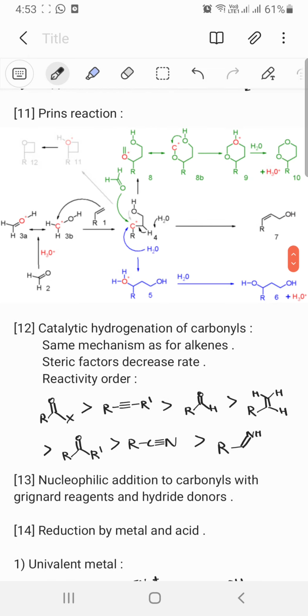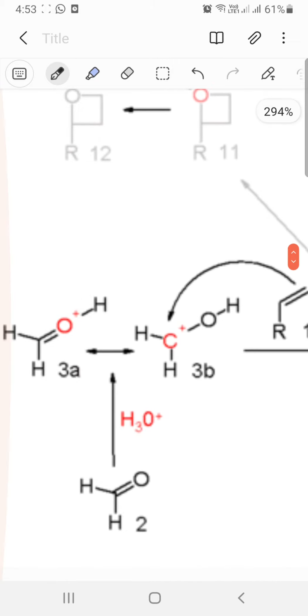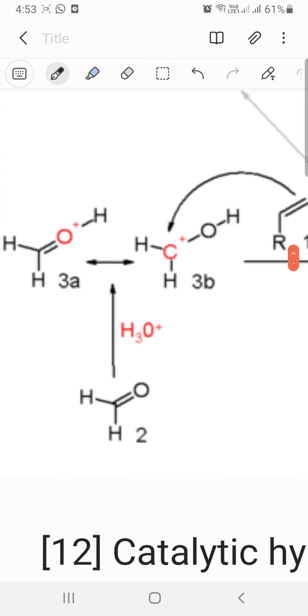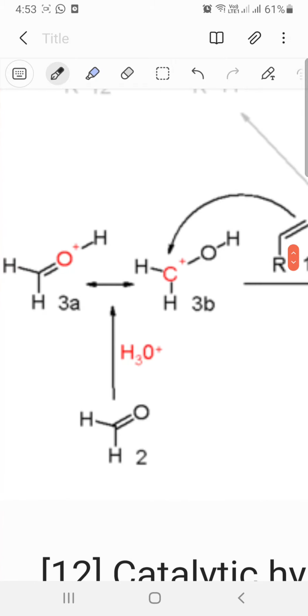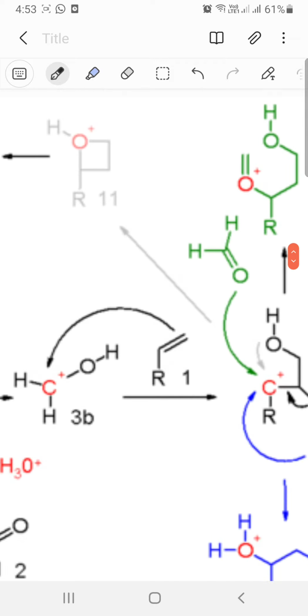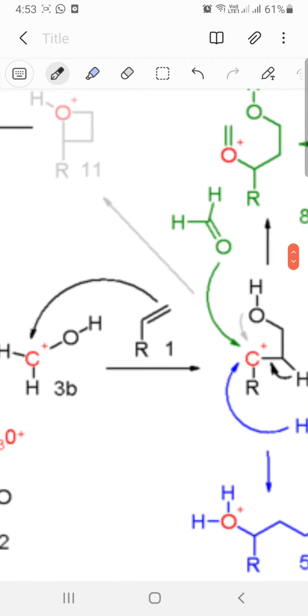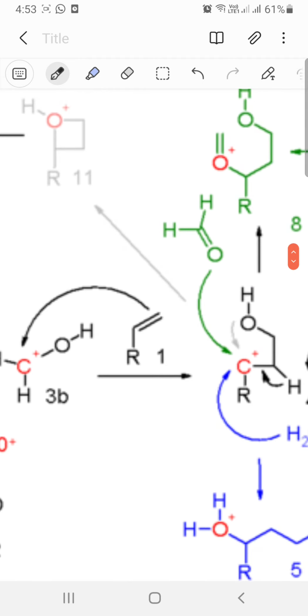Prince reaction. So this is a big mechanism. What's happening? You have formaldehyde. You treat it with H plus, and you form this thing, and then you attach the alkene to it.